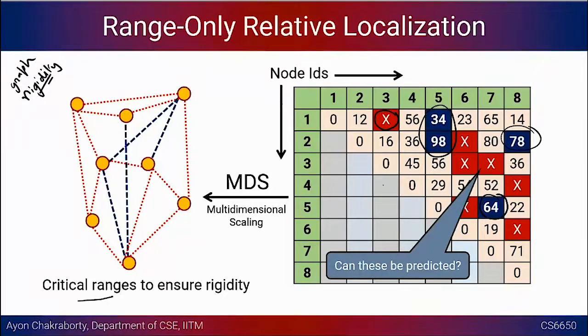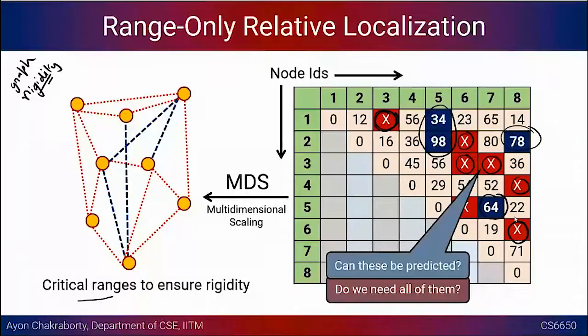If this ensures a rigid graph, you can very easily compute the other ranges. The ones that are red here no longer define the rigidity of the graph, because the rigidity is already defined by the other ranges. So it's not true that you will require all of them.